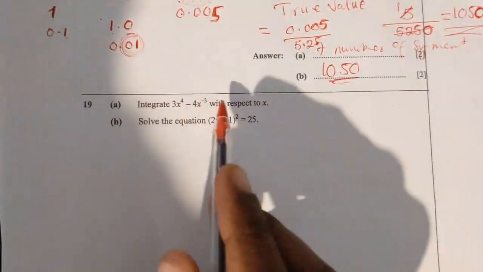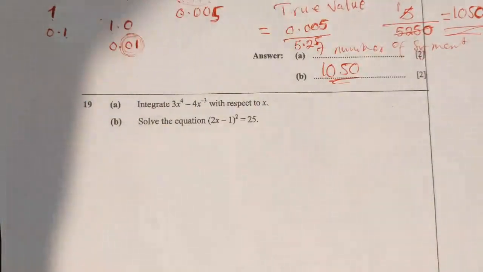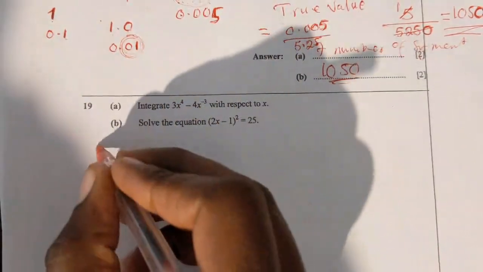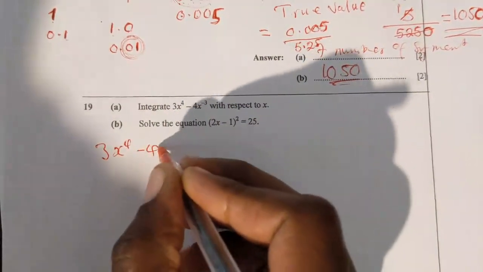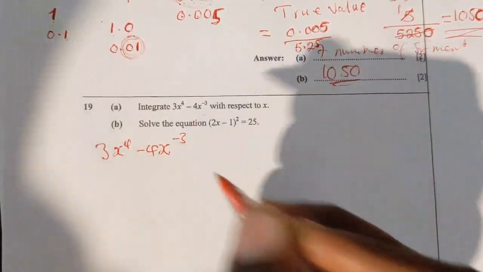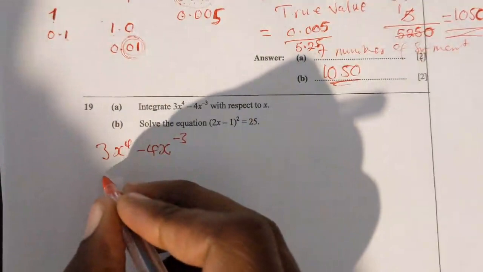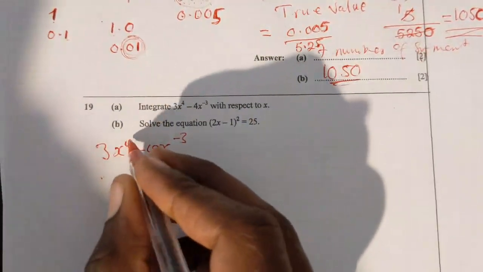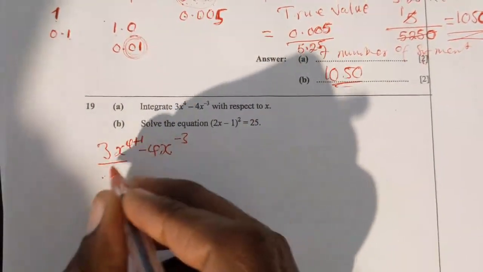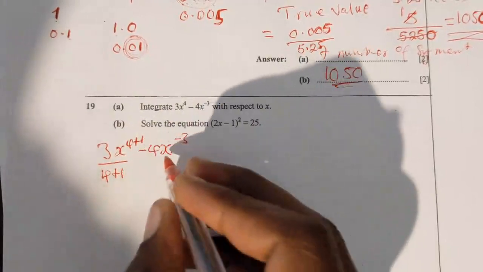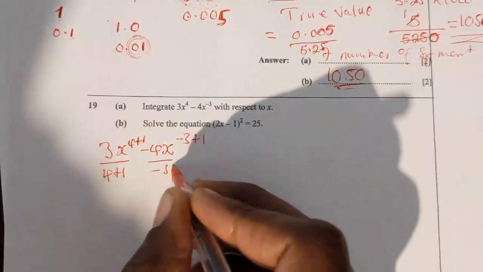Coming to this question, this is just integral, under integral calculus. When you are integrating this, 3x to the power 4 minus 4x to the power negative 3, what we do is add plus 1 to the power. So 4 plus 1, and negative 3 plus 1.